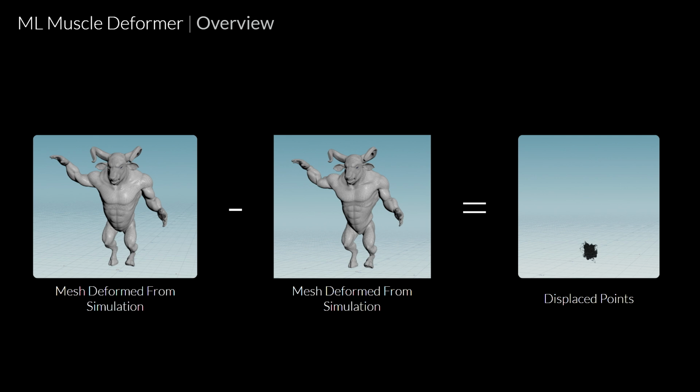And this is done by taking the mesh that was deformed from our simulation and subtracting it from the mesh that was deformed from just our character pose. What this gives us is just a bunch of displaced points in 3D space. And these points are the only points that were used in the actual muscle simulation.